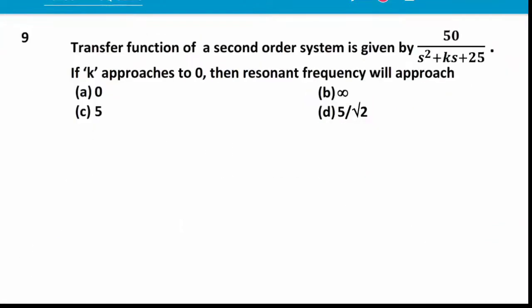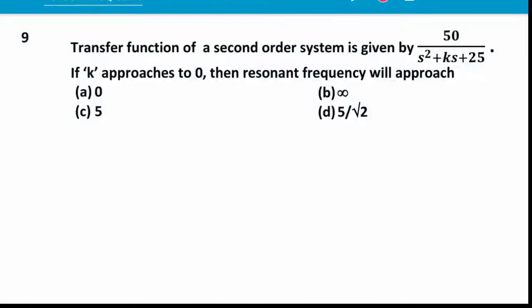Next, question number 9. The transfer function of a second order system is given by 50 by s square plus ks plus 25. If k approaches 0, then the resonant frequency will approach dash.